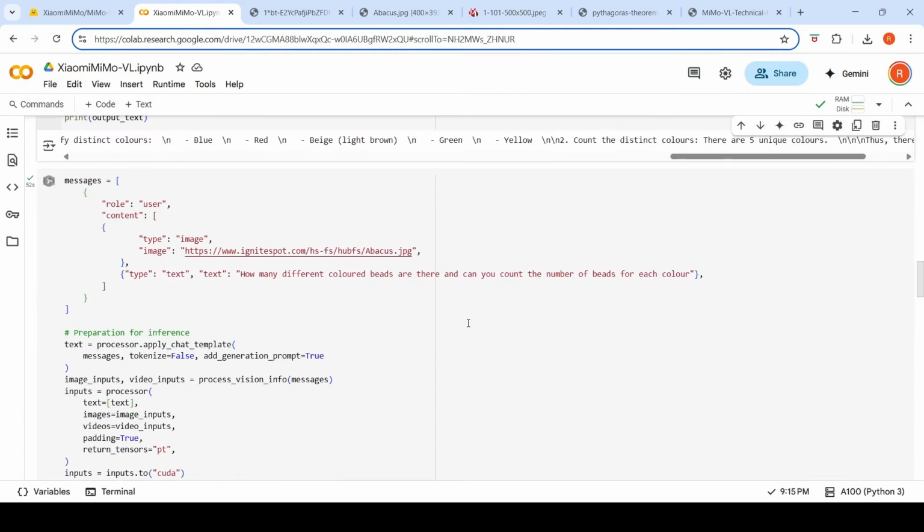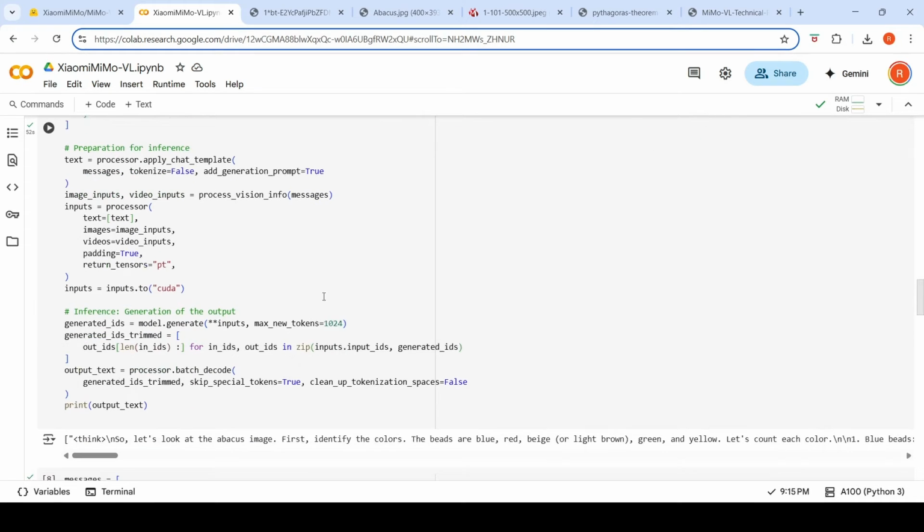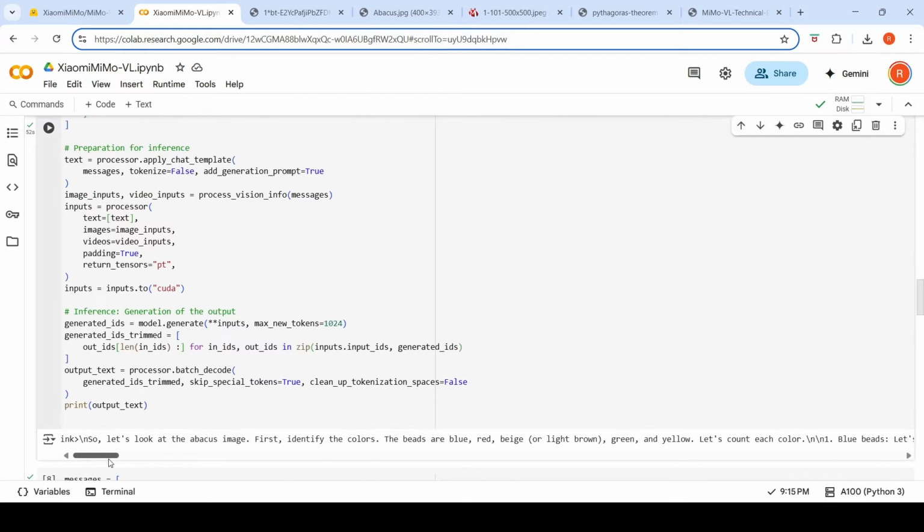Then I increased the number of output tokens and asked, can you count the number of beads for each color? I've given 1024 tokens as the number of output tokens to be generated for the same image. It goes into this think phase, as in the previous case also. Then it says, let's look at the abacus image and identify the colors. It identifies there are 5 colored beads. Then let's list each color.